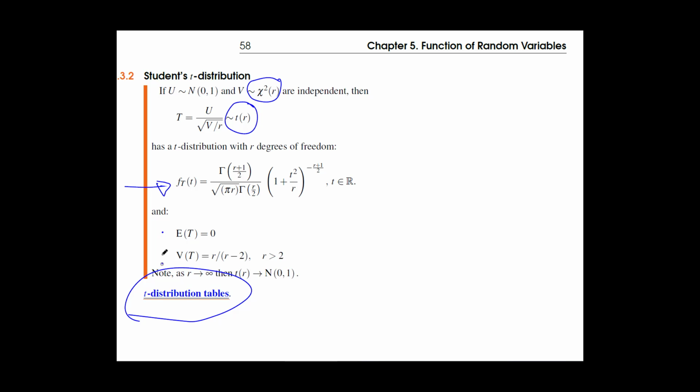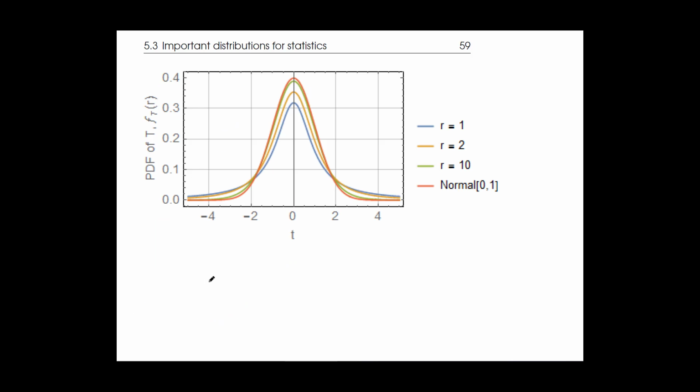These are the mean and variance of t. So one thing to note is that when the degrees of freedom tend to infinity, and infinity in practice is like 20 or 30, then it turns out that the t distribution tends to the normal 0-1 distribution. So this is shown here.